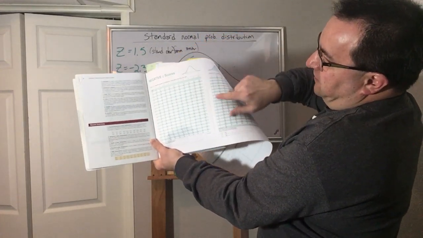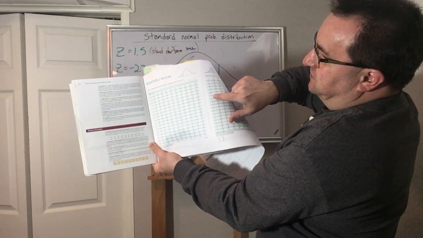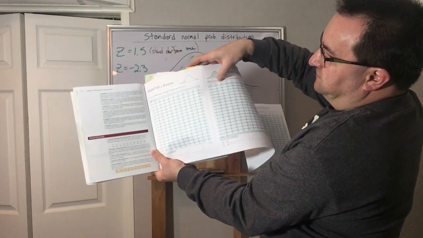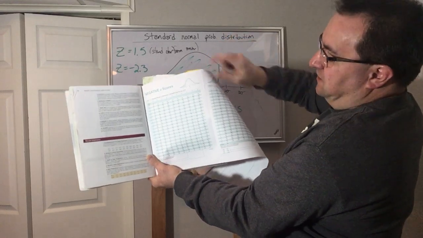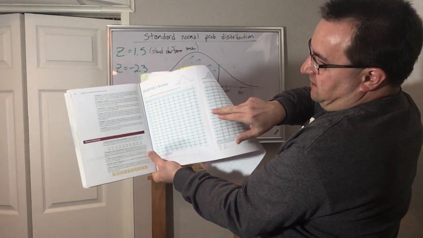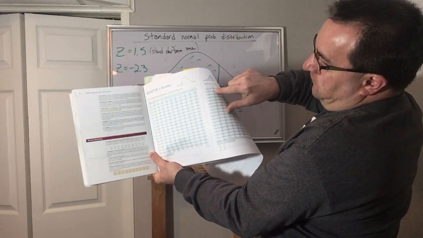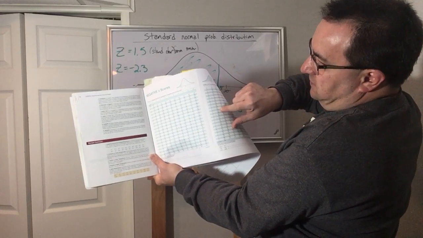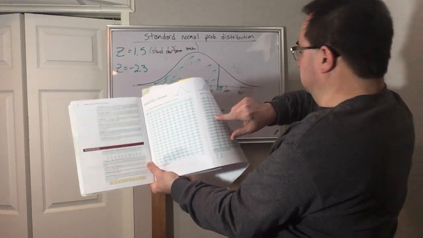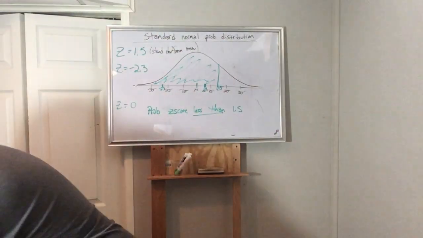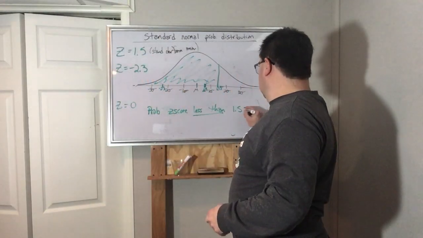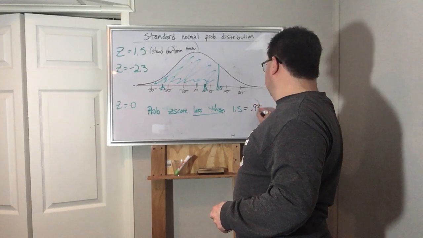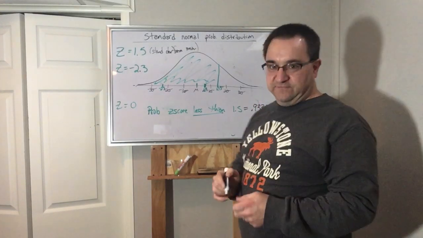So this is like the ones digit, the tenths digit, and then if you have hundredths and thousandths, it would be which column here. We'll do one like that next. But this is 1.5 exactly. This is 0.00. So that's 0.9332. I got that off the table.